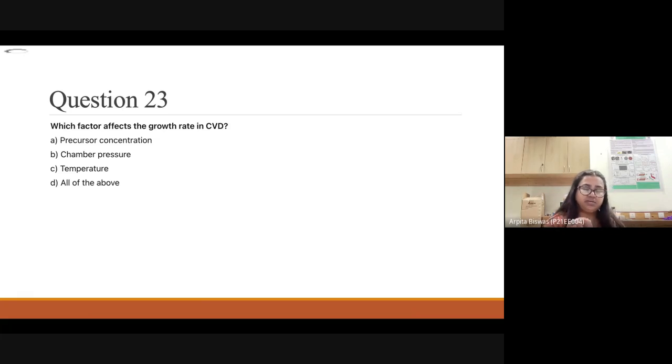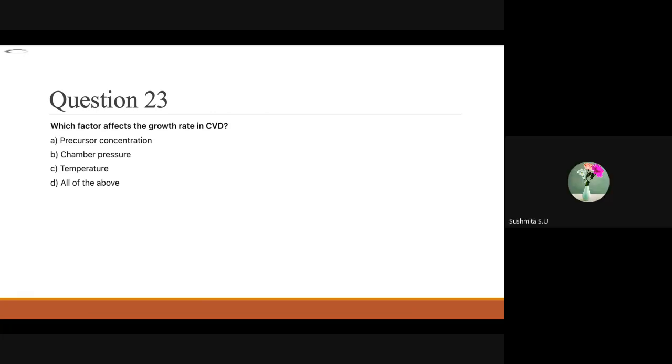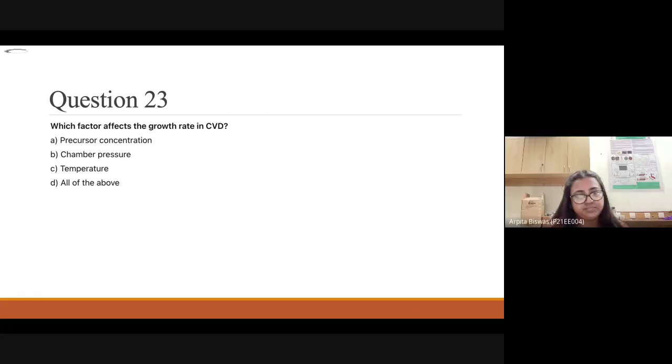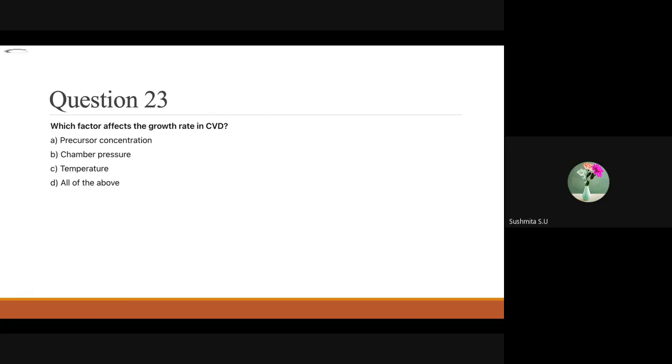Can you explain a little bit about it? Ma'am, if chamber pressure is reduced, it will give better yield. And as you told, temperature also affects the CVD growth rate. And I think precursor concentration is also directly proportional to this.